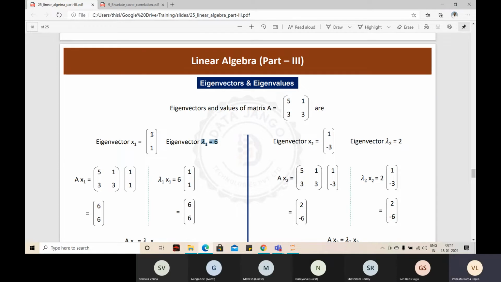The eigenvalue associated with this vector is bigger compared to the eigenvalue associated with this vector. So I can say that this vector extracted more essence compared to this vector. Got it? Theoretically you need to remember these points, and we'll see how to extract those eigenvectors and things.